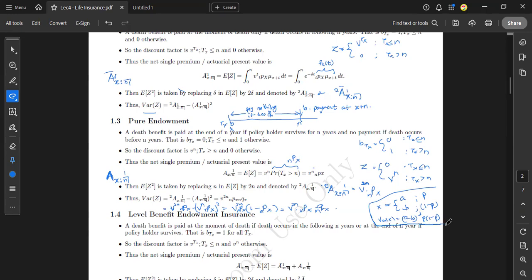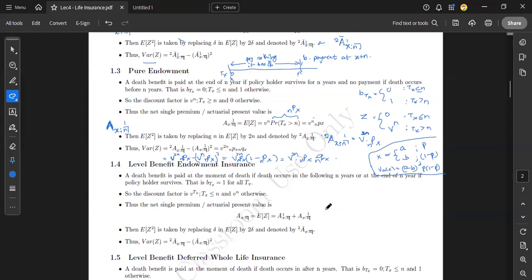So this is same as this. That means Z has a distribution of a Bernoulli random variable with the probability of nPx, because 1 minus nPx is nQx. So that is also a derivative of this type of pure endowment.